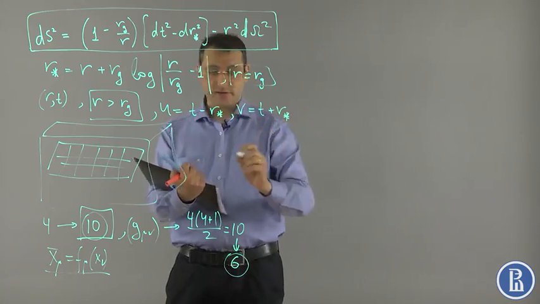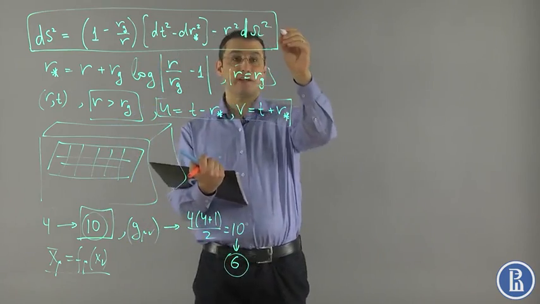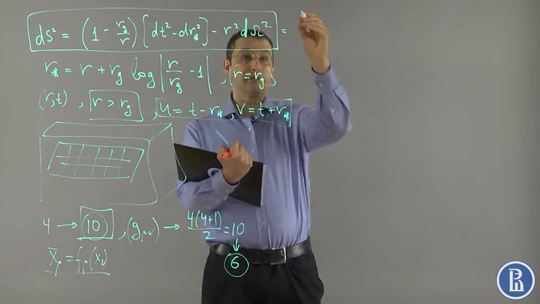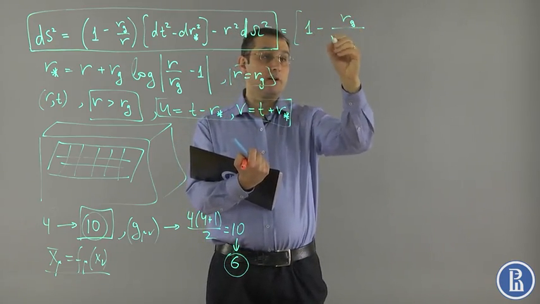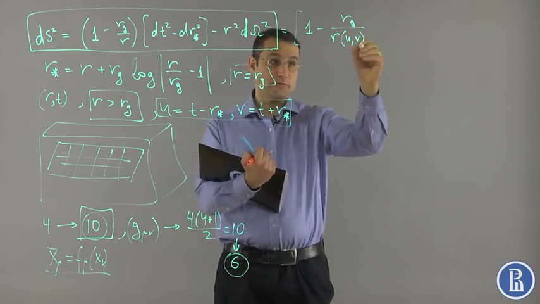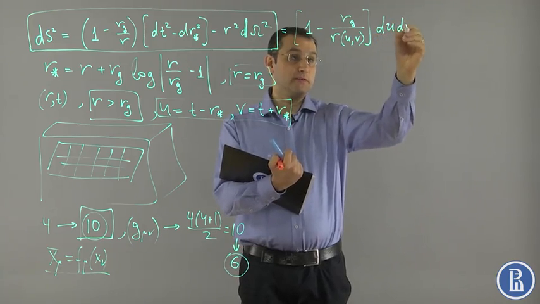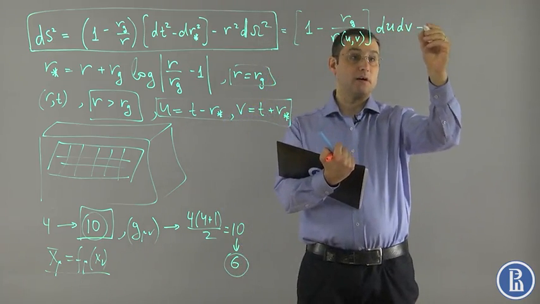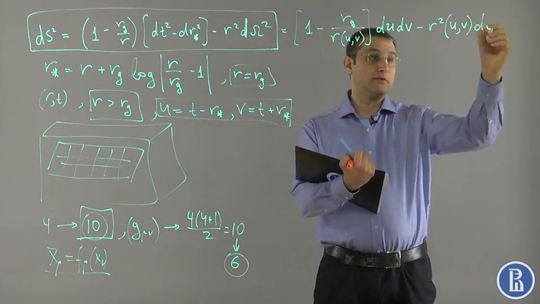After such a change of coordinates, this metric can be represented as 1 minus rg divided by r, which is a function of u and v, times du dv, minus r squared, which is a function of u and v, times d omega squared.